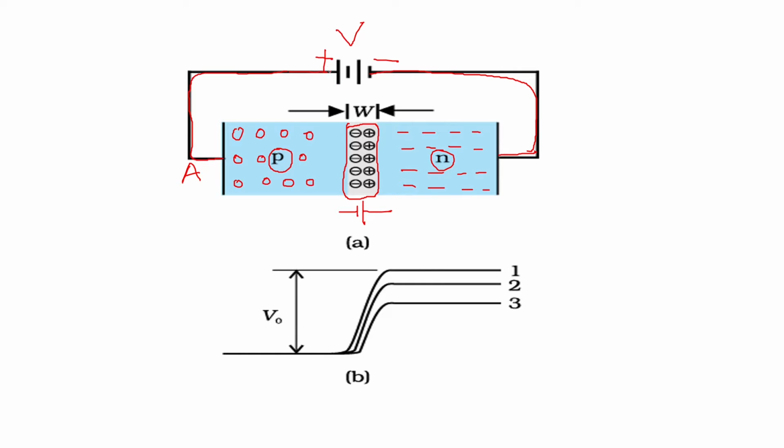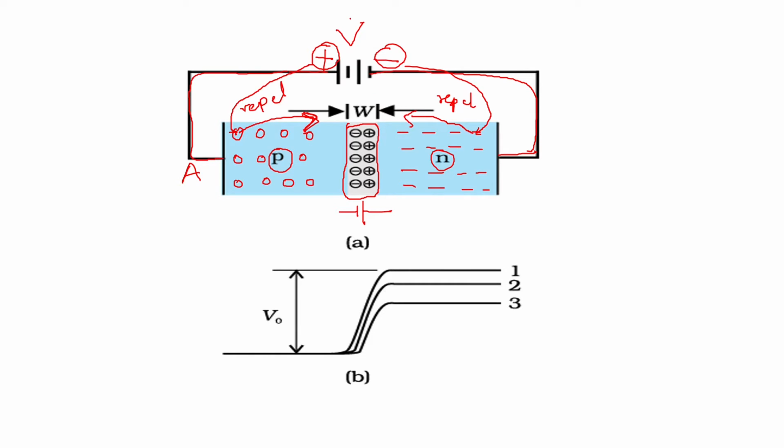Now what will happen is this positive terminal will exert a repelling force on the positive charge carriers, so that these charge carriers can move towards the n-type semiconductor. Similarly, this negative terminal will have a repelling force on the electrons, and these electrons can also move to the p-type semiconductor.